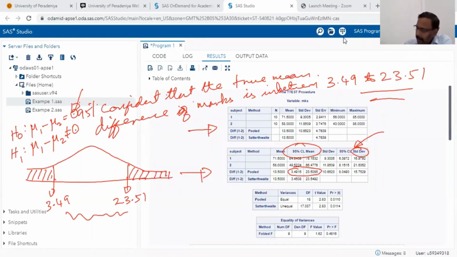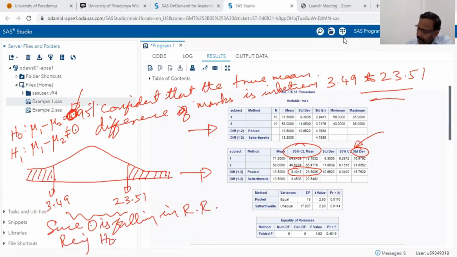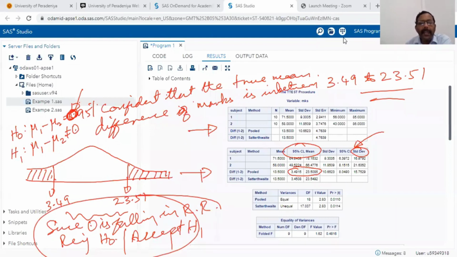No, it is not falling. 0 is falling in the rejection region. Since 0 is falling in the rejection region, we can reject our null hypothesis and accept our alternative hypothesis. So this is the decision by looking at the confidence interval. No problem, we can make that decision by looking at the confidence interval.